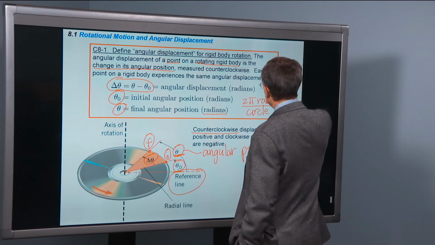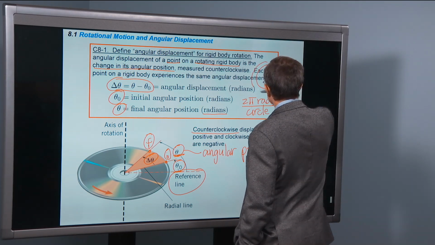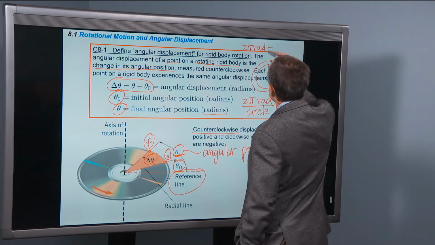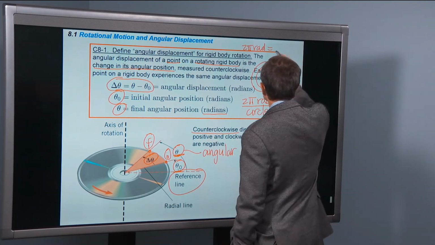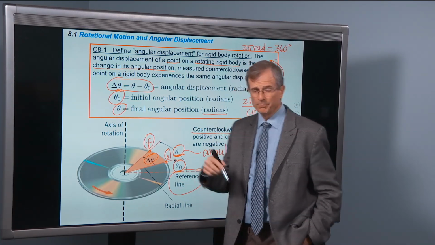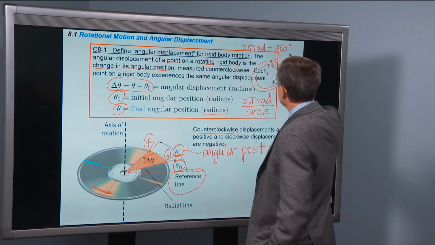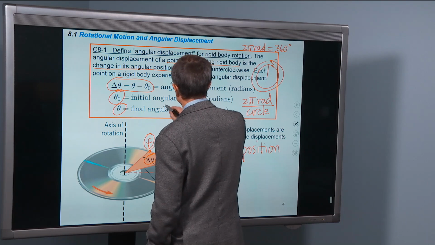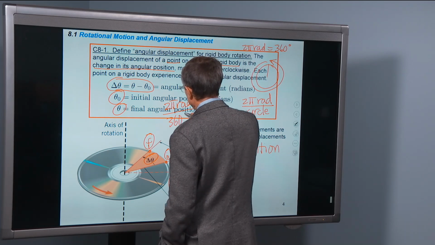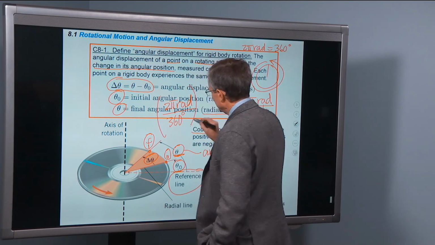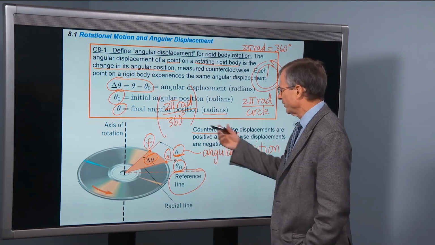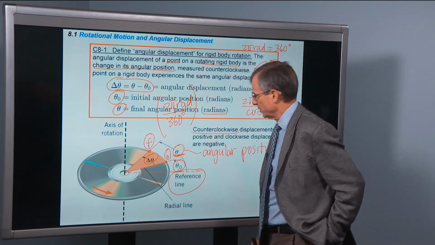And so going around the whole circle is 2 pi radians, and that's equal to 360 degrees. That's a conversion factor, and you'll use that. You can make that into a conversion factor by just dividing both sides by 360, for example. You get 2 pi radians for 360 degrees, and that will be a conversion factor, or you can flip it over to convert radians to degrees. And all of your calculators, of course, will do either radians or degrees.